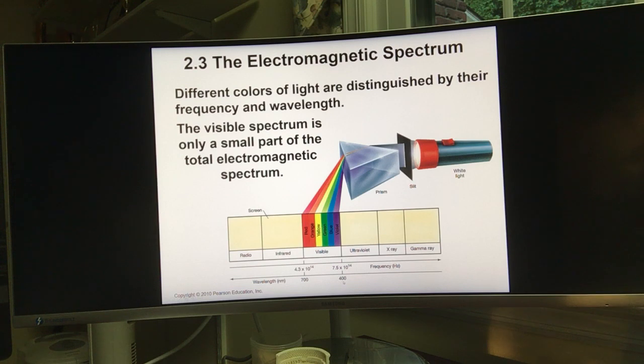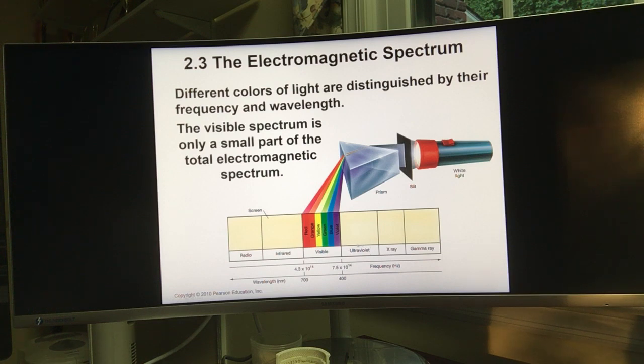It runs from 400 nanometers to 700 nanometers. Our eyes are most sensitive to yellow-greenish light, which is in the 550 nanometer range.